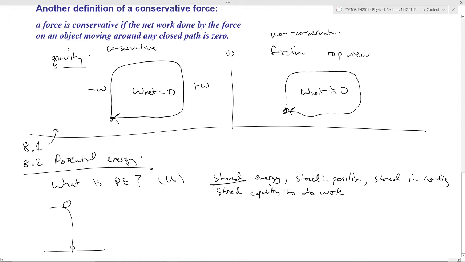So the only thing that remains is for us to define it. The change in potential energy will be the negative work done by a conservative force.